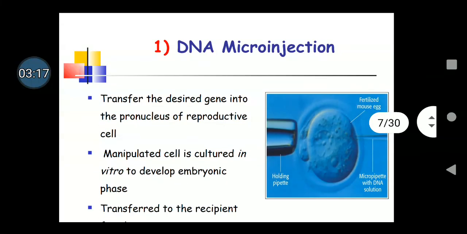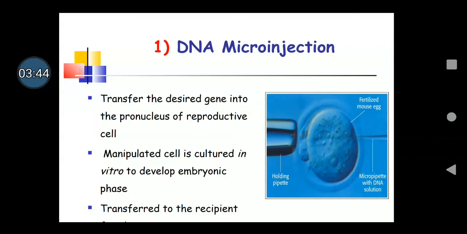DNA microinjection. The desired gene is transferred to the pronucleus of the reproductive cell. Here we can see the holding pipette on the left side that holds the ovum tightly, and the micropipette piercing inside the ovum, which contains a DNA solution.